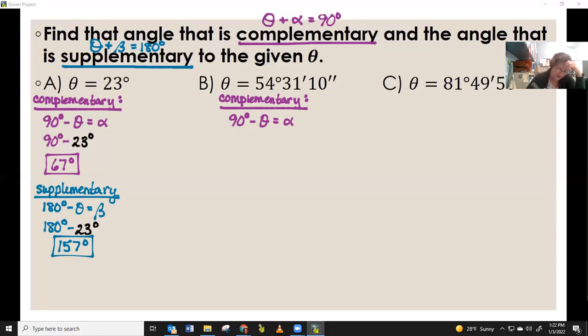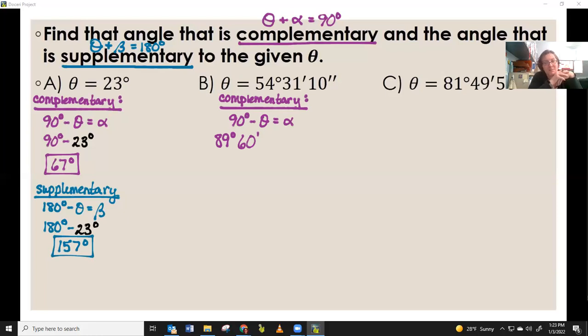Instead of writing 90 whole degrees, I could write 89 degrees. That leaves me 1 degree short, right? How many minutes would make up that next whole degree? How many minutes would it take to get up to 90 degrees? 60 minutes. So I could write this as 89 degrees, 60 minutes.